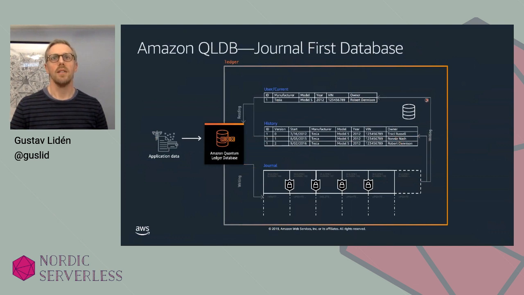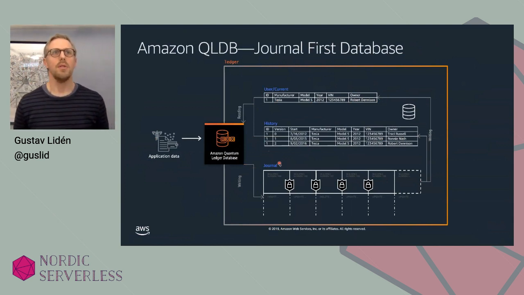And I guess the top one here, the user or the current view, is what you normally think about as the table that you're querying. But in fact, QLDB also provides a history view of all the changes that have been going on to the data. Since data is never removed in this journal, it's always appended to.